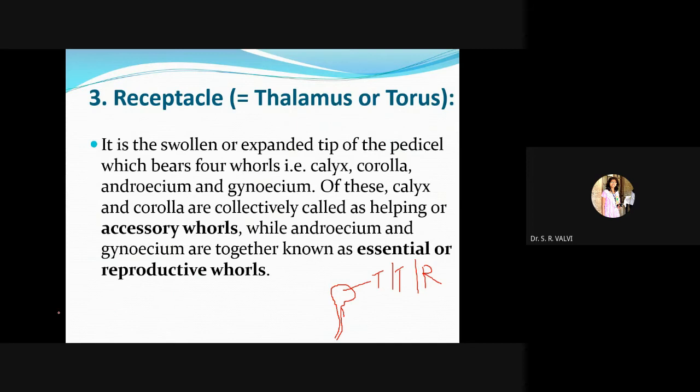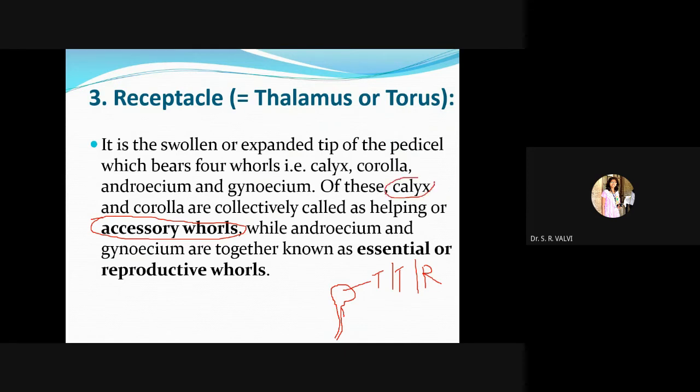So now here we have two floral whorls, the accessory whorls and the essential whorls, right? Accessory whorls are also called helping whorls, or non-essential whorls, right? So which are those non-essential?